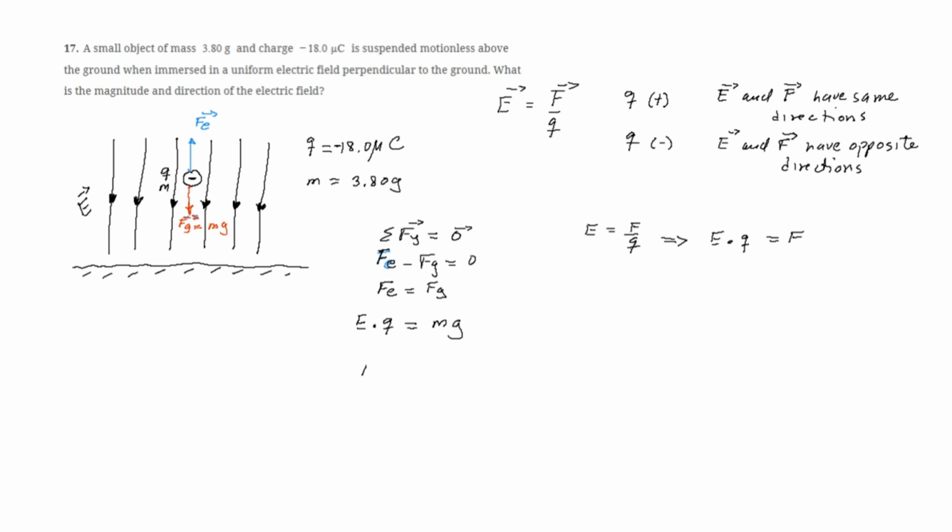We say that the electric field is mass times gravity divided by the charge of the body. So now we get that E is equal to, what is the mass here? 3.80 grams.